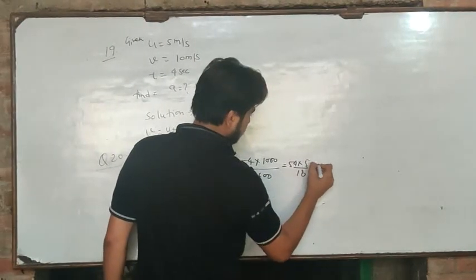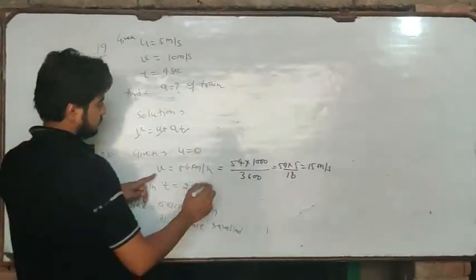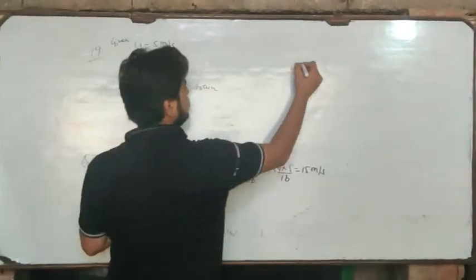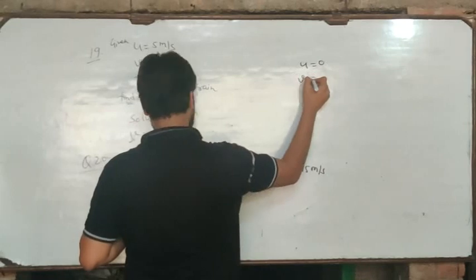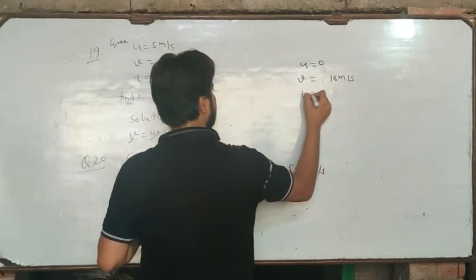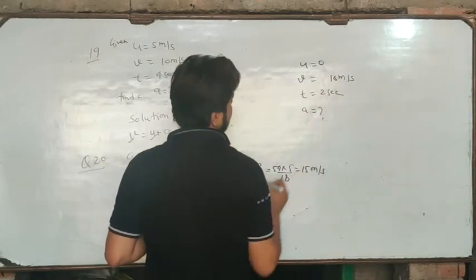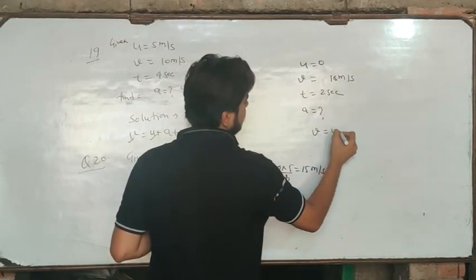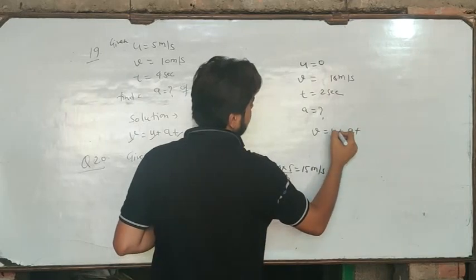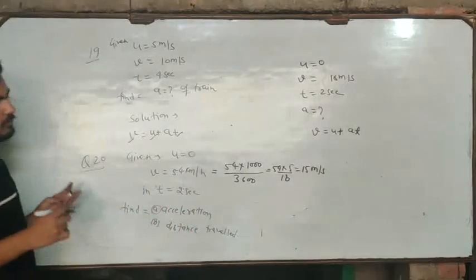This is equal to 15 meter per second. So u is equal to 0, v is equal to 15 meter per second, t is equal to 2 seconds. We have to find acceleration. Now solve it. v is equal to u plus at. Solve it, find the value of a and write it down.